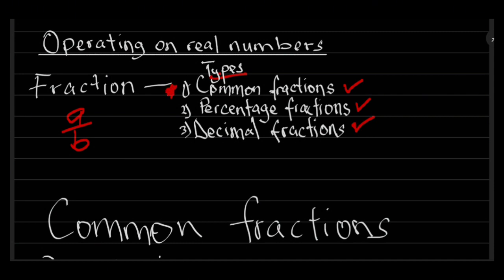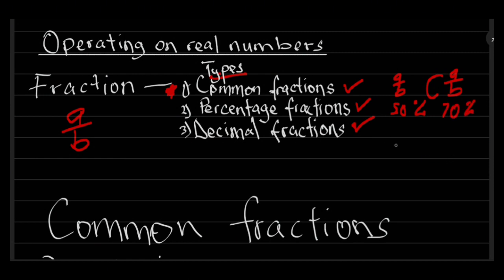Okay, so when we say common fractions, they are usually in the form a over b or c whole number a over b, where b cannot be equal to 0. B cannot be 0. And then we also have percentage fractions, you see them most usually on the examination script, 50%, 70%, so on and so forth.